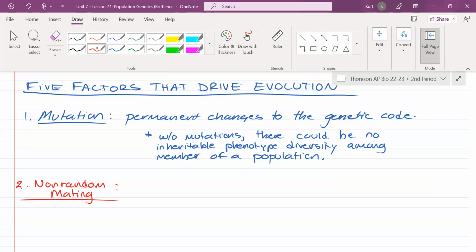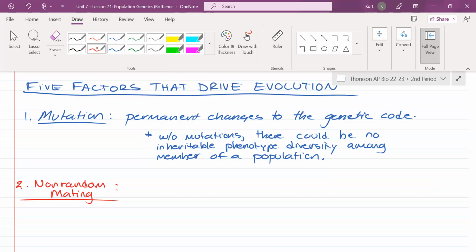Okay, here's how I find my prom date. I'm just gonna get on my chair here, and whoever I bump into first is you're it. We don't do that because there are individuals that have desirable traits, and then there are individuals that have undesirable traits. That's just natural selection.